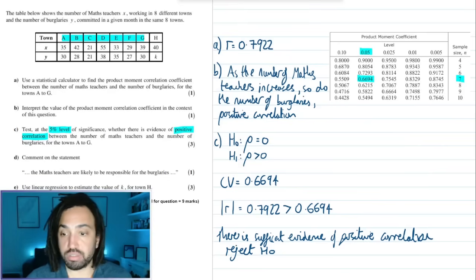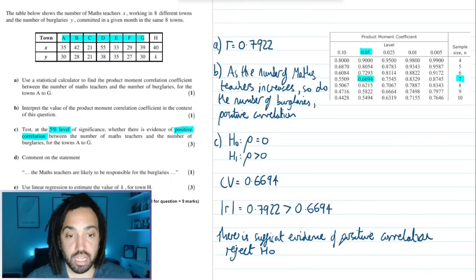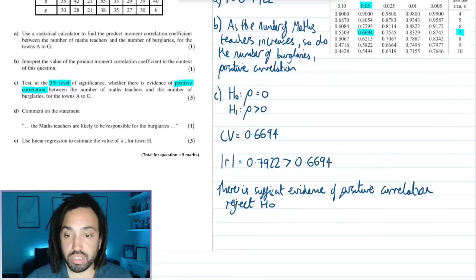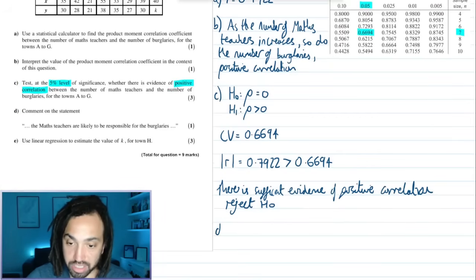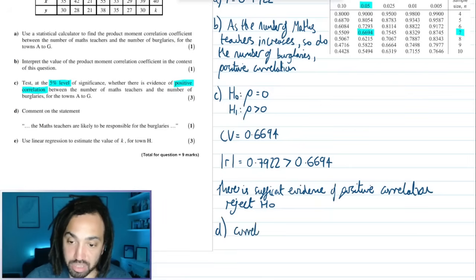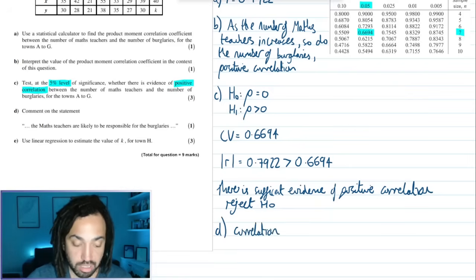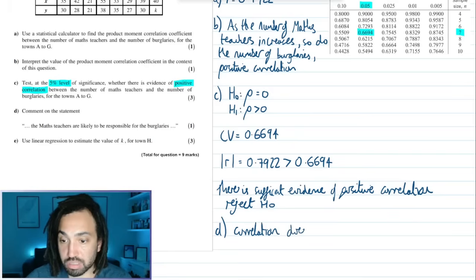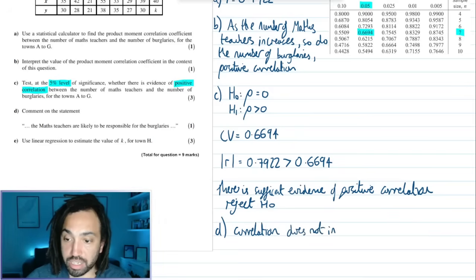Next, it says comment on the statement the maths teachers are likely to be responsible for the burglaries. Well, that's just ridiculous, isn't it? So that's not the case because what we should know is that correlation does not imply causation.